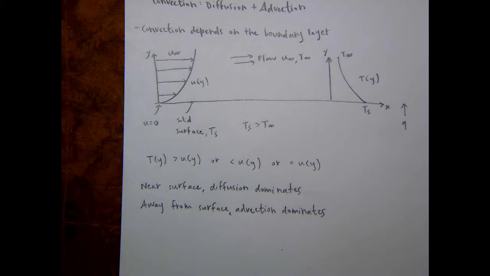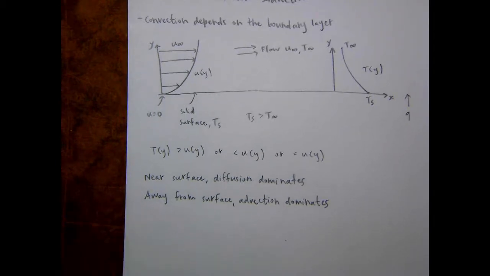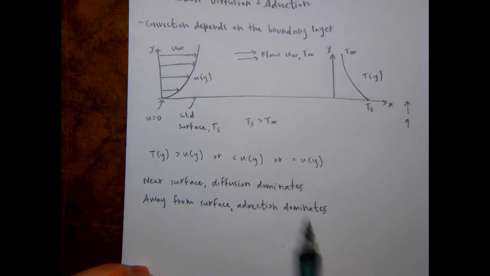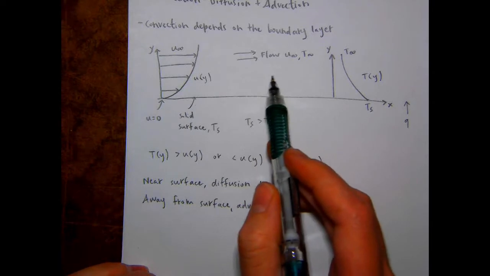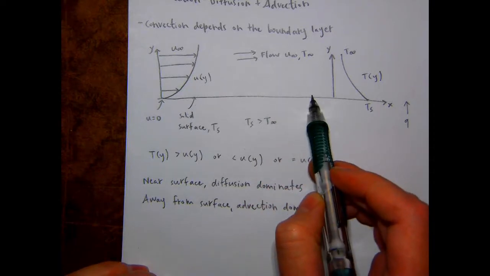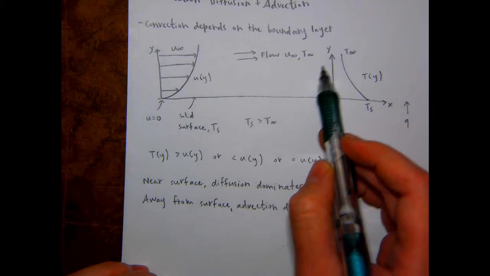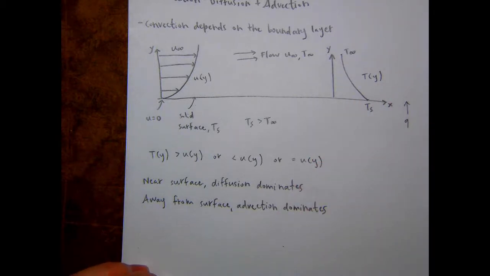Right now we'll just talk about it conceptually. Away from the surface, advection dominates. As the boundary layer grows and the flow moves downstream, the heat that's transferred by diffusion into the boundary layer is then transferred via advection up into the main flow and carried downstream and up into the ambient air.